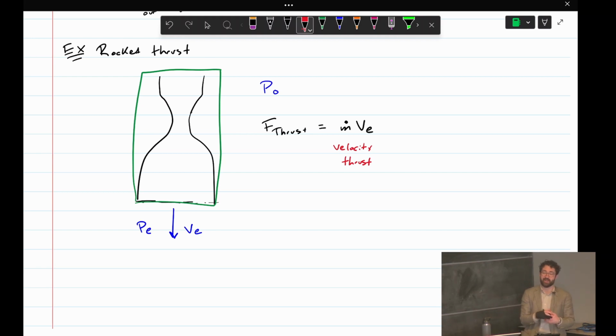Sometimes when we outlet things to atmosphere, we assume it's at atmospheric pressure. We make that assumption most of the time in this class. But for a rocket, the outlet is at such high pressure and high temperature that you can't really assume that. So you actually get a little bit of a pushback from the pressure at your outlet. It pushes on your rocket a little bit, so you get a little bit of extra thrust from that pressure. So that's P minus P0 times the area of your exit. And that's called pressure thrust.